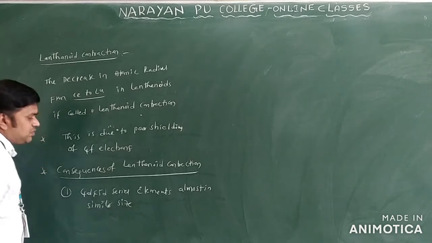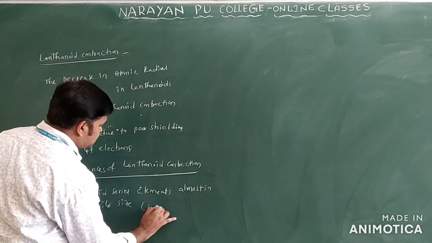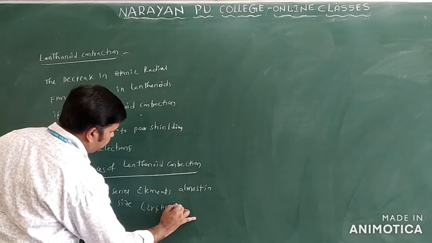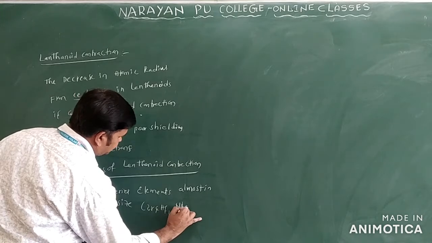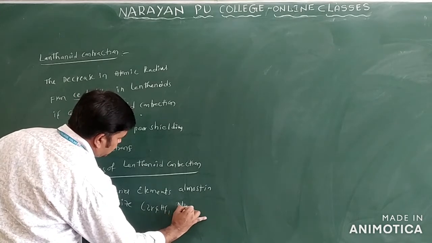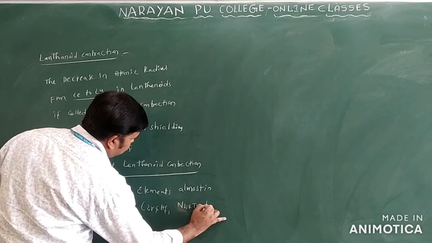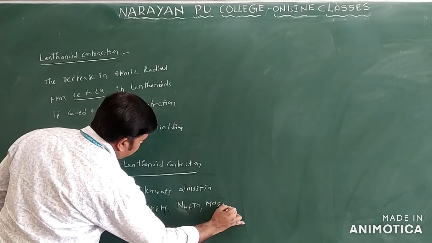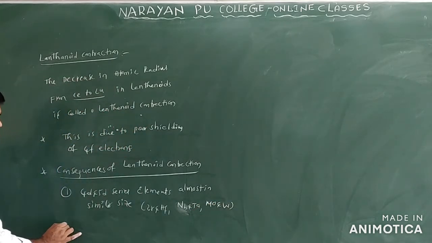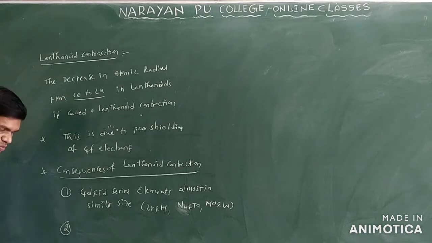Zirconium and hafnium, niobium and tantalum, and one more, molybdenum and tungsten also. So this is one of the consequences of lanthanoid contraction.